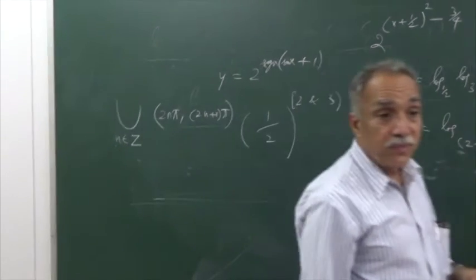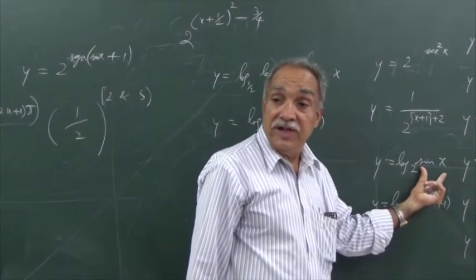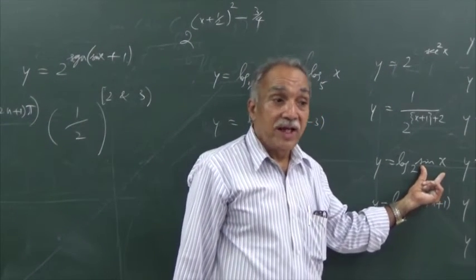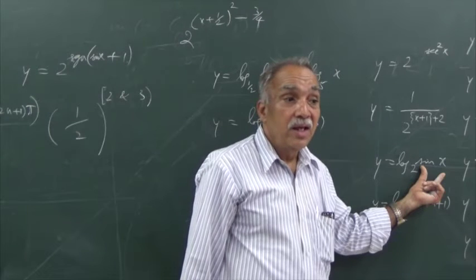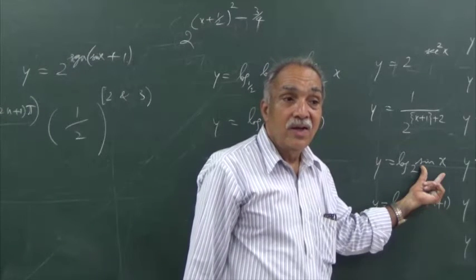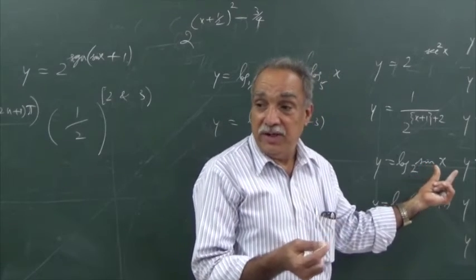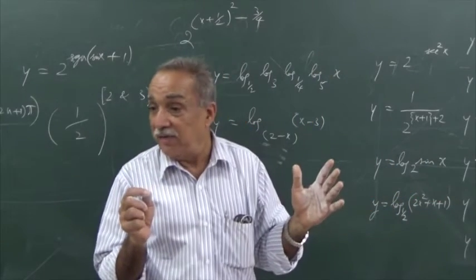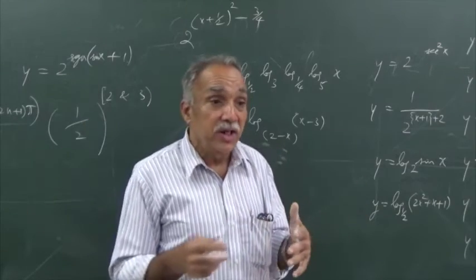What about the range? Can sin x take an arbitrary value? No. Sin x takes values, admissible values are between 0 and 1. In general, sin x may take a value between -1 and 1, but we have excluded certain points.